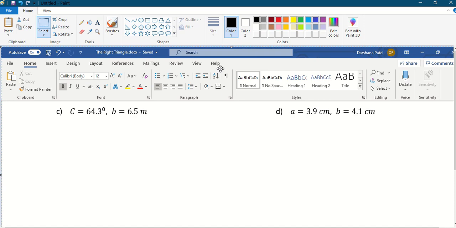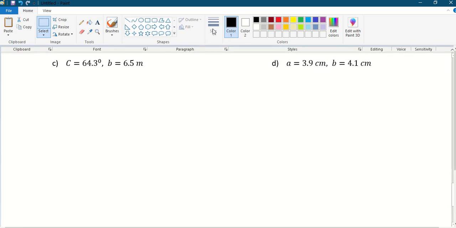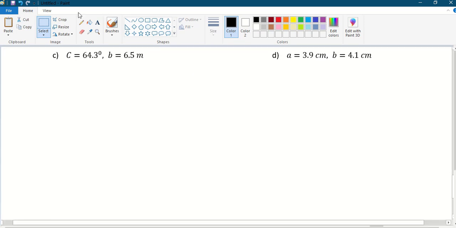Okay, let's see a few more. Let's say we have this: we are given angle C, and we already know angle B is 90 degrees. If we were to sketch a right angle triangle, let's label this A, B and C. Angle C is given to us to be 64.3 degrees.